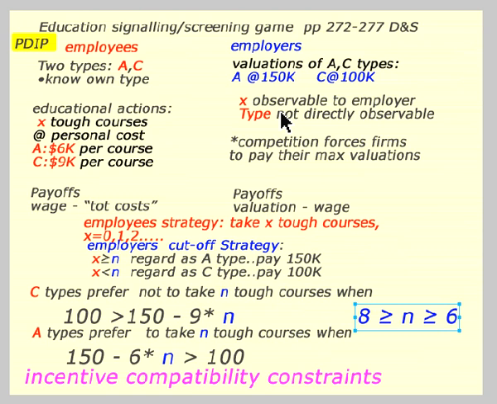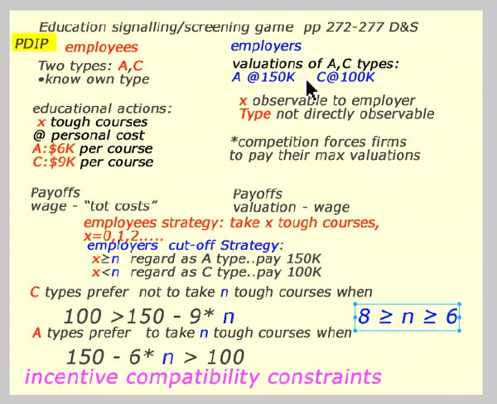Now, there's a little twist to this, though. In setting up this game, there's something I didn't mention at the beginning, which I do want to mention now: the education, the number of tough courses that you take, does not affect your productivity. What we thought about here was that the able types could go to work, and employers, if they knew those able types, regardless of their education, in terms of tough courses, would be willing to pay $150K.